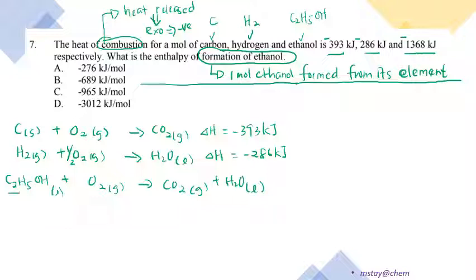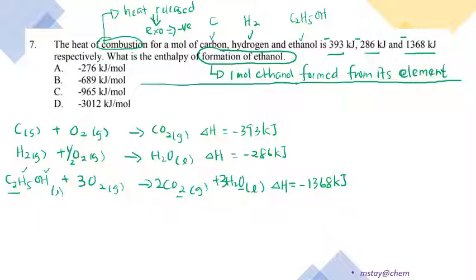We have 2 carbon, so 2 moles of carbon dioxide; 5 plus 1, 6 hydrogen, so 3 moles of water; 3 plus 4, which is 7, and 7 minus the 1 here is 6, so that's why here will be 3 moles of oxygen, and the enthalpy is negative 1368 kilojoules.